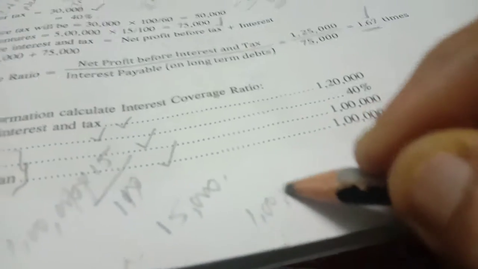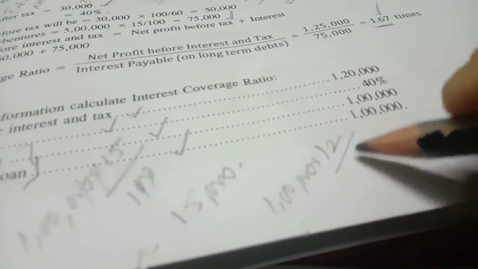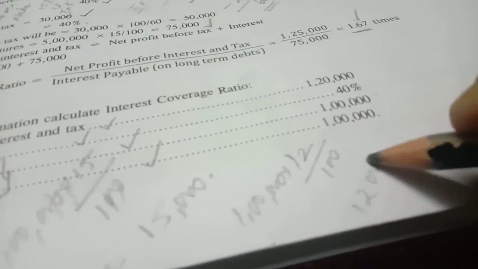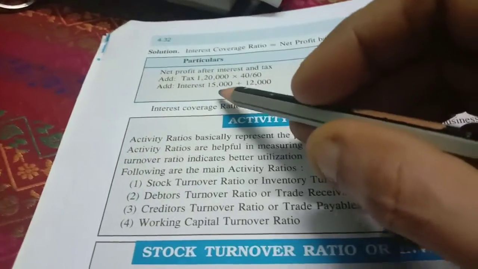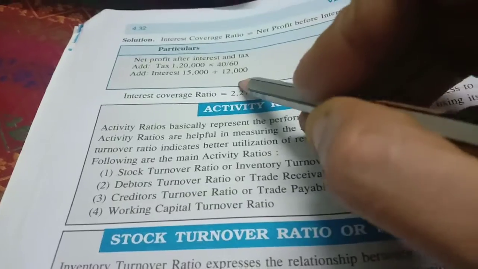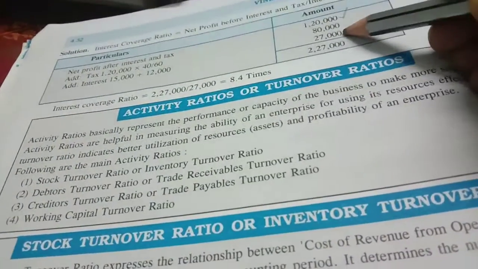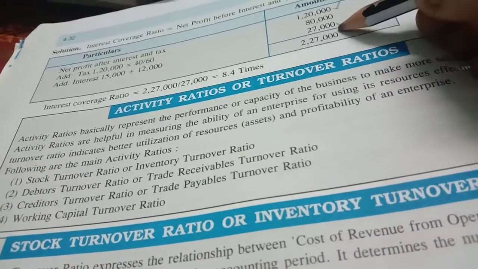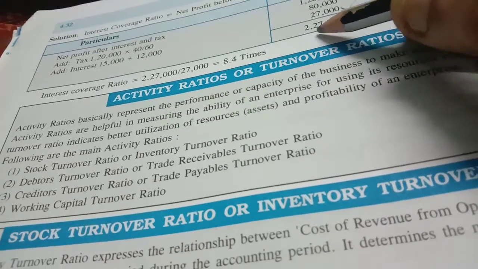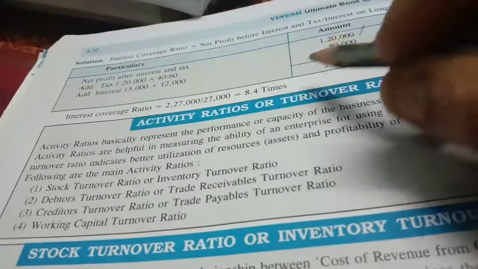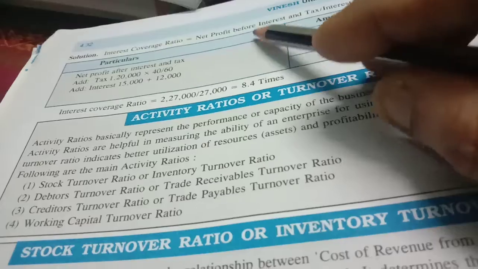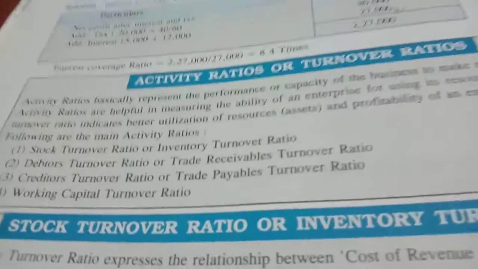So 1 lakh into 12 by 100, that is 12,000. So we add 15,000 plus 12,000, totally 27,000. So what is the total amount? 2,27,000 is the net profit before interest and tax.